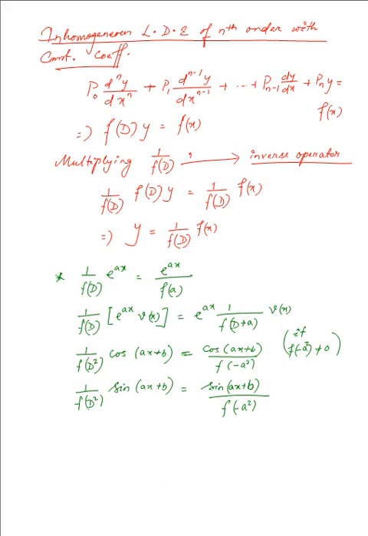Now in case, as I said, this thing fails, that means f of minus a squared is 0.